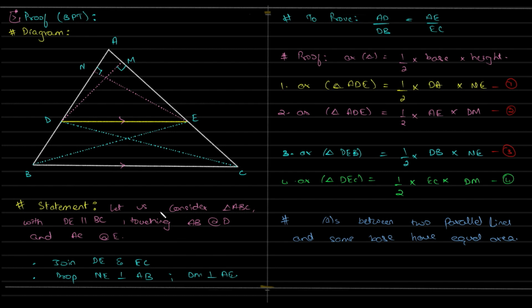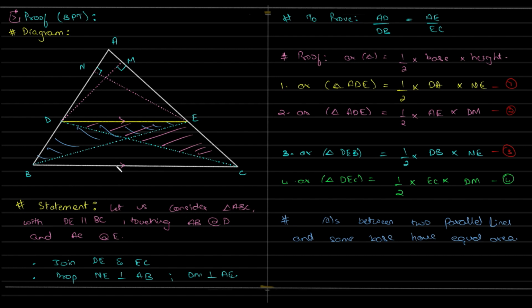So where do we have those? See, DE and BC are your parallel lines, and triangles DBE and DEC have the base DE, right?